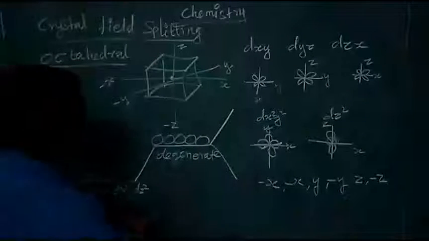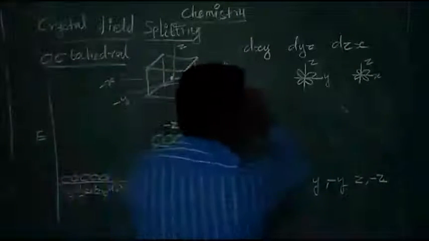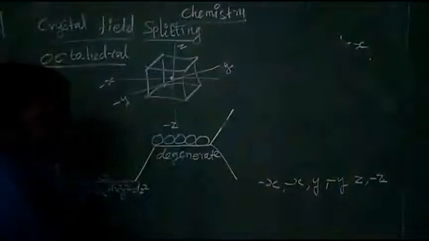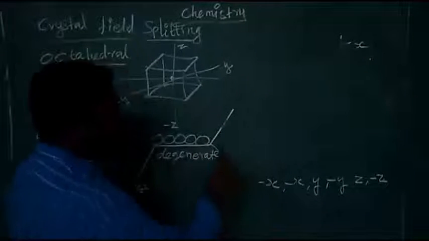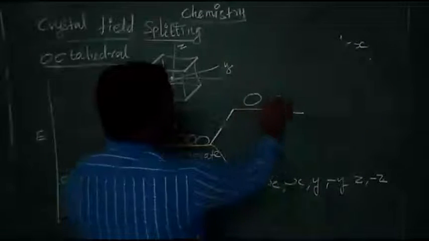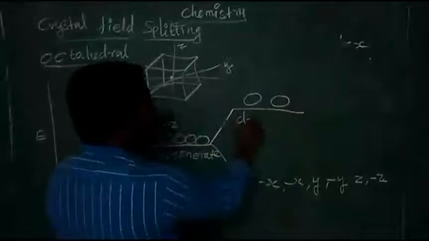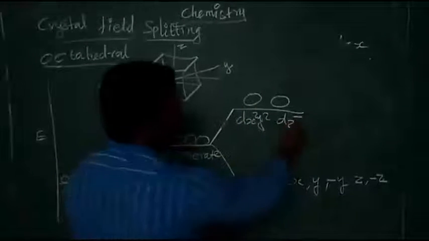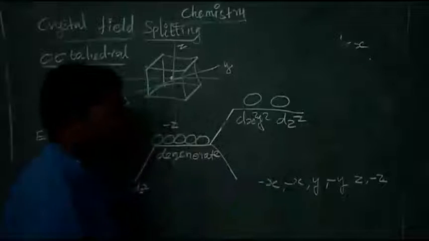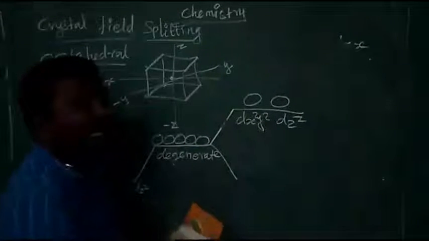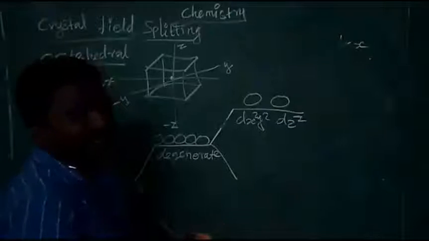Now we can draw the crystal field splitting. Out of these 5 degenerate orbitals, 2 degenerate orbitals have their energy increased. What are the 2? The dx squared minus y squared and dz squared. Why is the energy of these 2 alone increased? They are arranged in the axial position, and ligands are also approaching in the axial position.